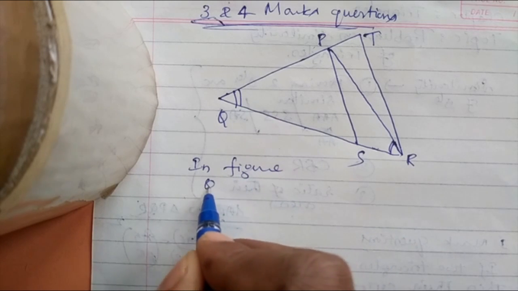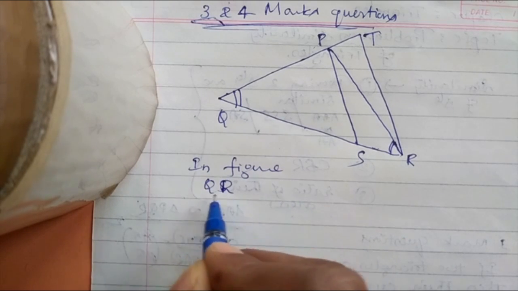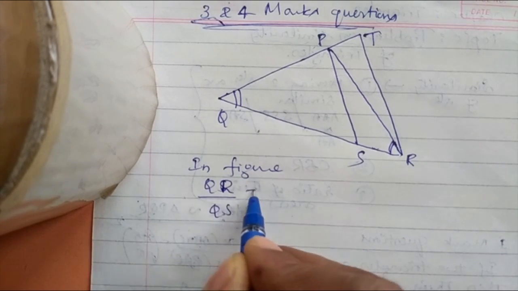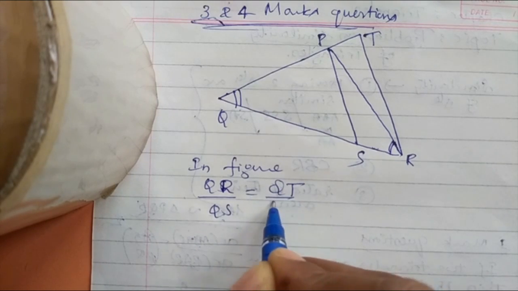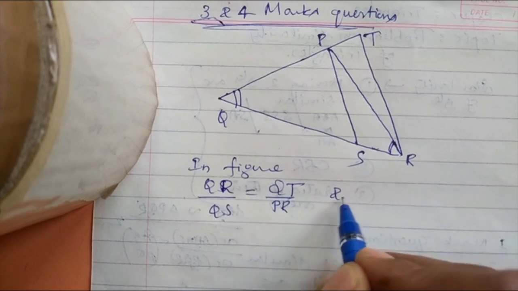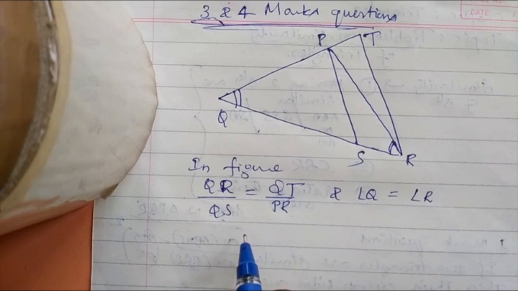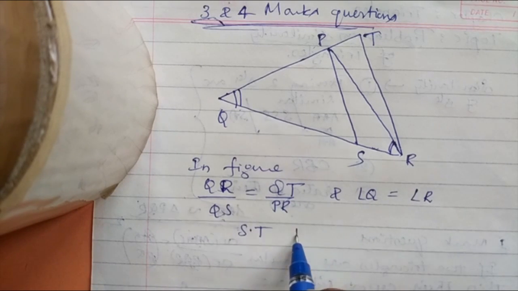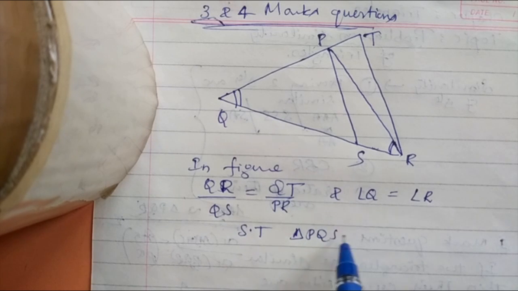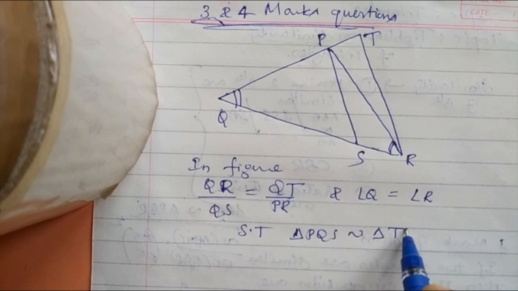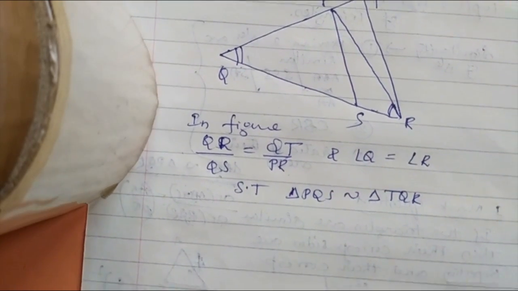In the figure, QR divided by QS is equal to QT divided by PR, and angle Q is equal to angle R. Show that triangle PQS is similar to triangle TQR. This is the question.